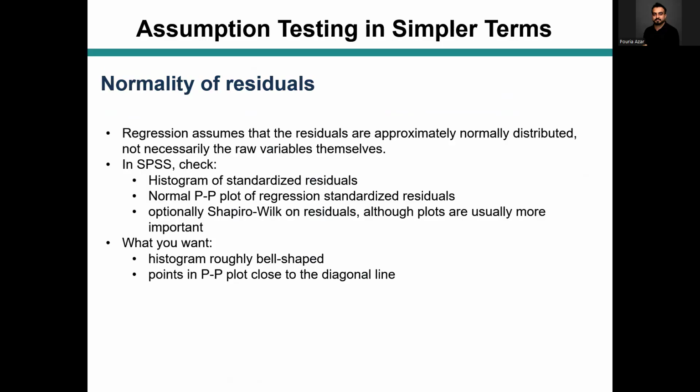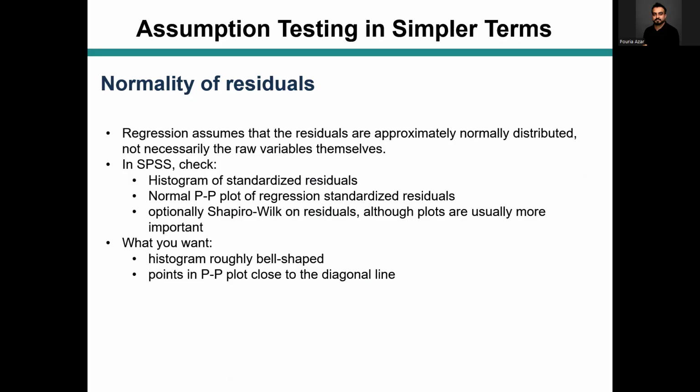Normality of residuals is another assumption in regression. This slide and the next few are the same as prior slides regarding assumption testing, but in simple terms. Here I just want to show you how to test for these assumptions.